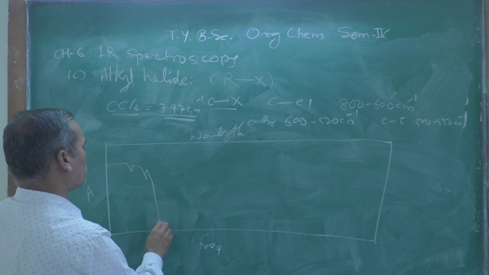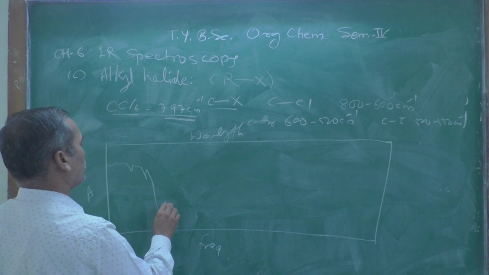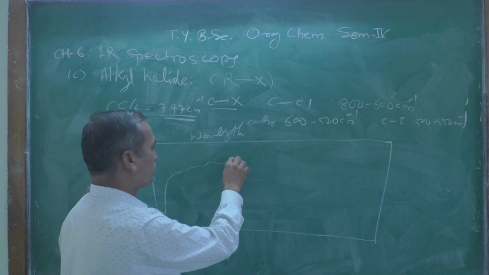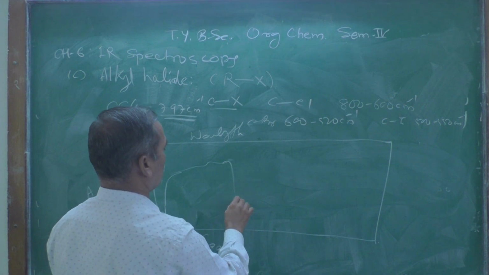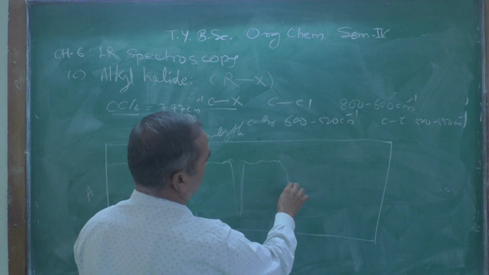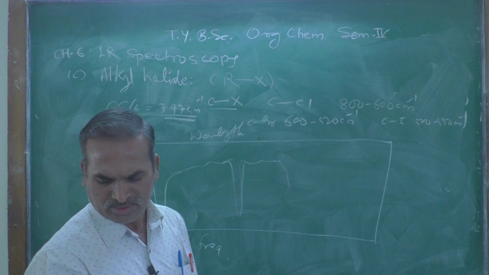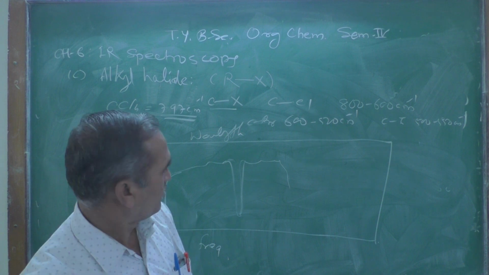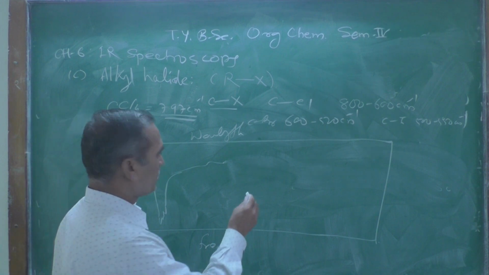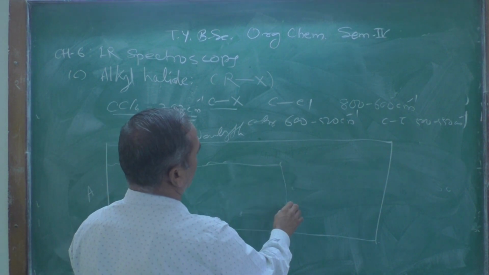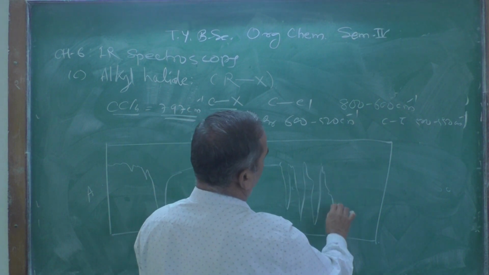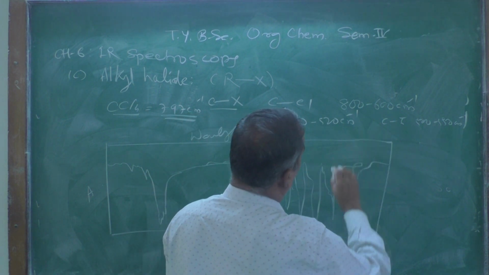This will be the peak observed over here, and then it gives one peak around here, and then at this position there may be peaks observed like this.